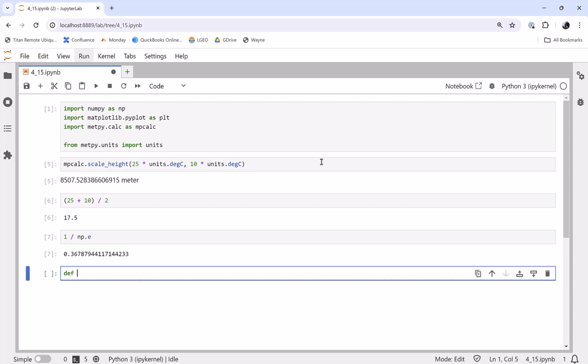Okay, so I'm going to create a function, pressure_profile. It's going to take a top height, a scale height, the number of points that I want along that curve, which I'm going to set to a default of 500, and a starting pressure, which we'll set to be 1013.25 hPa.